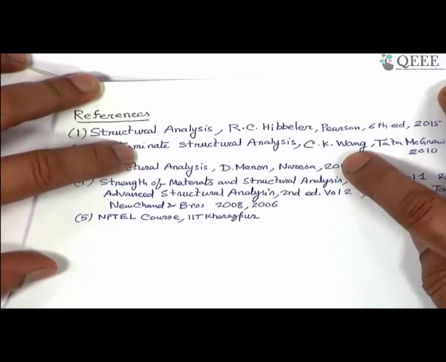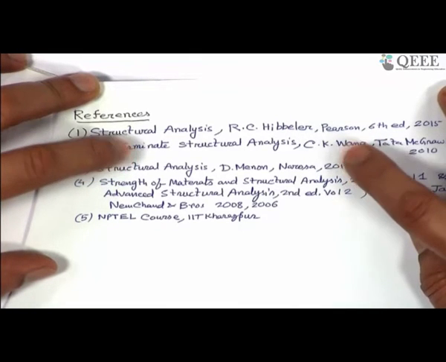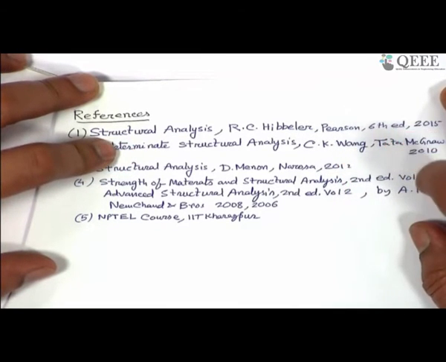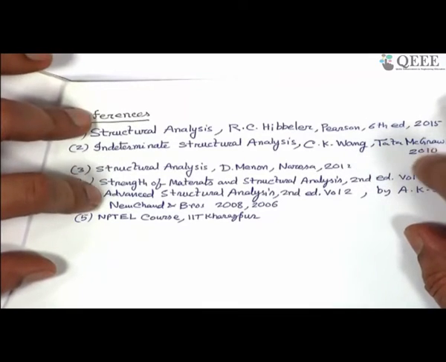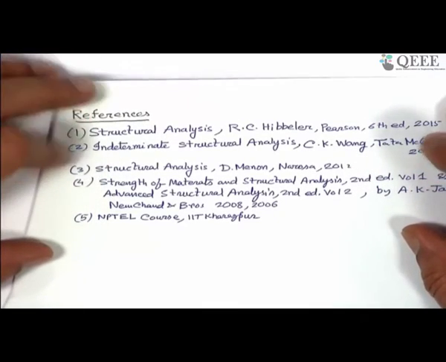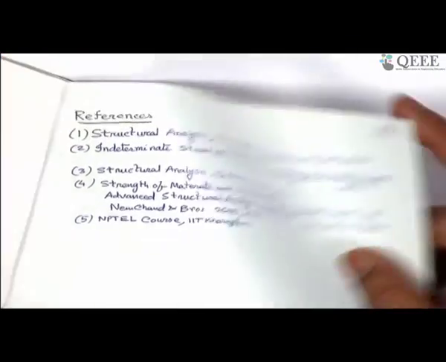Professor Menon's book gives somewhat more detailed analysis, and obviously Professor Jain also. There is also the NPTEL course from IIT Kharagpur. Apart from that, there are many books much more detailed about different kinds of trusses. You can see them. All books, I have found, contain the influence line information in detail.